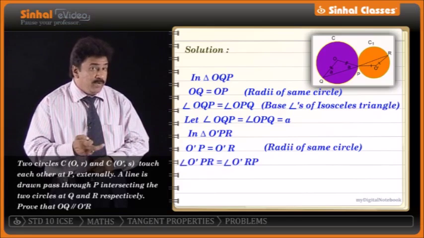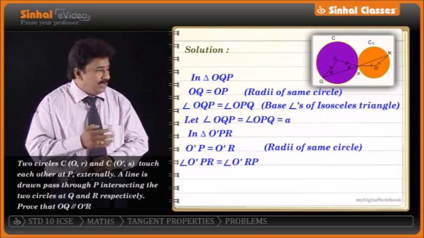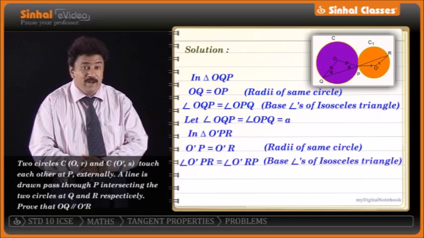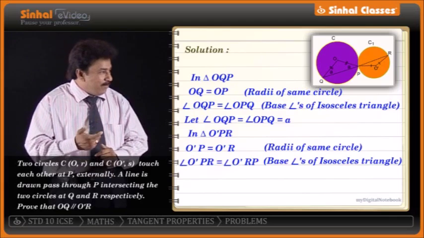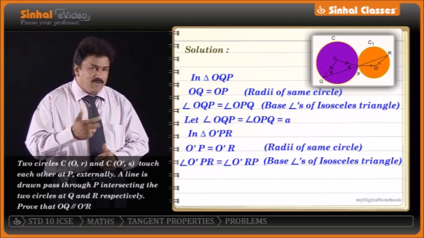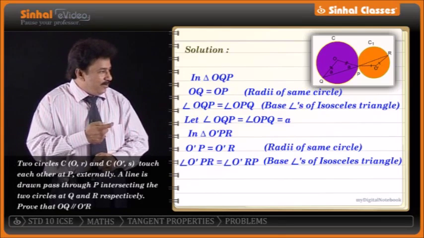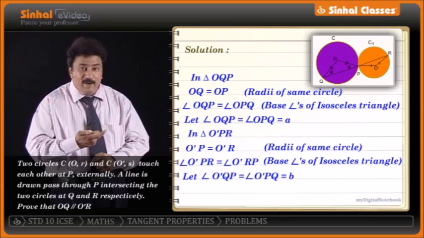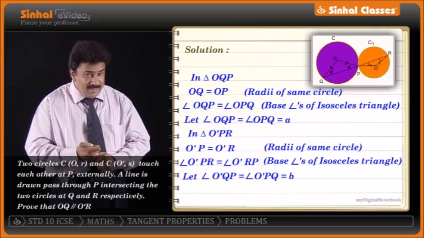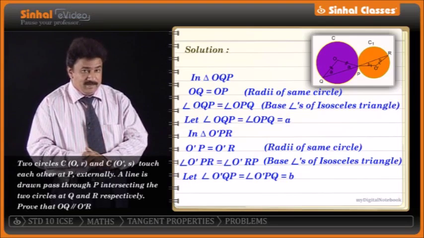I repeat once again, O'RP. That is the base angles of that particular triangle. Okay. So from there what do I get? Let's go for an assumption now. Angle O'PR is equal to angle O'RP equal to B. Yes, that's the second triangle.